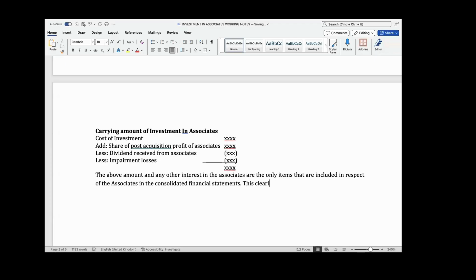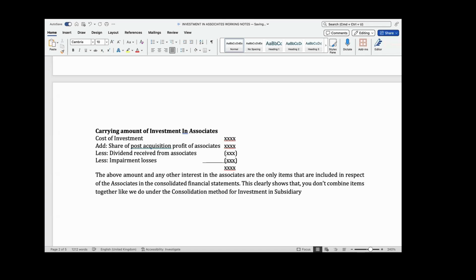This clearly shows that you don't combine items together like we do under the consolidation method for investments in subsidiary.